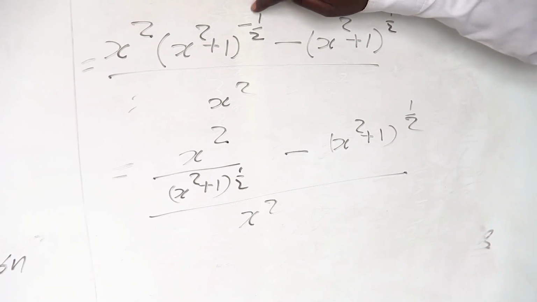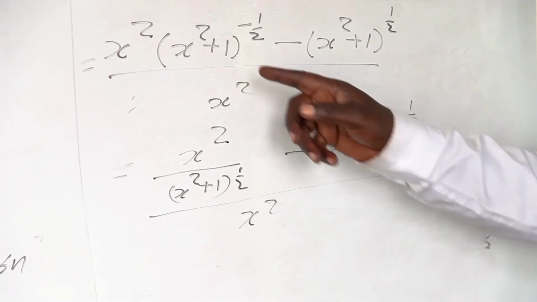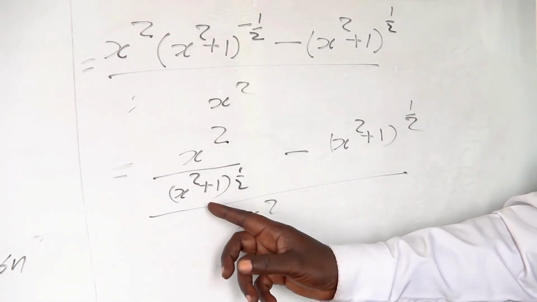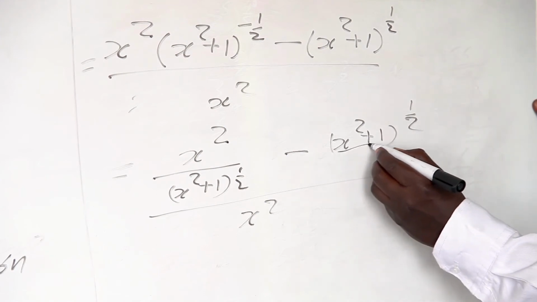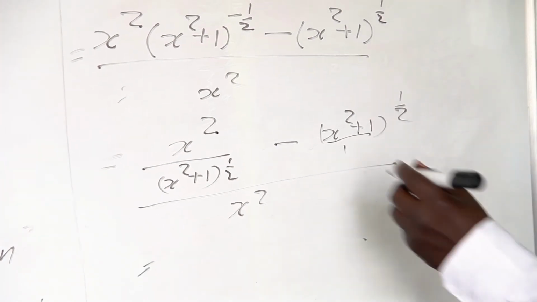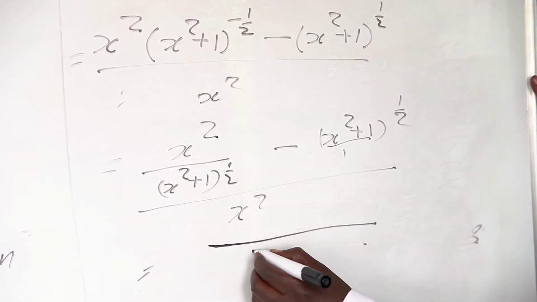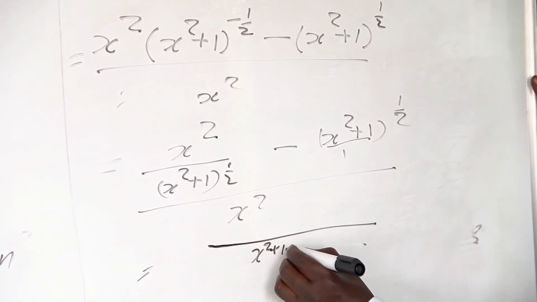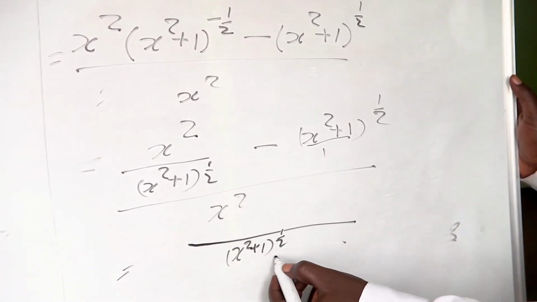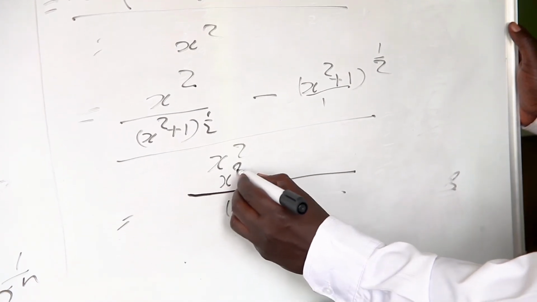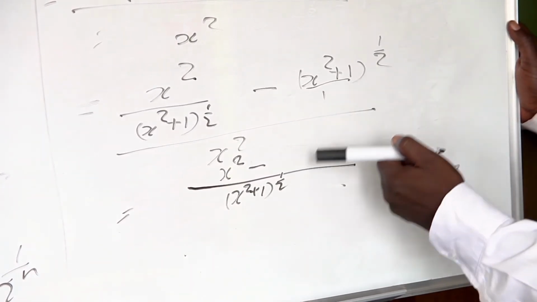This negative power means 1 over, so it becomes x squared over x squared plus 1 power half. But here it is now over 1. For the numerator, you draw a line. Take the LCM as x squared plus 1 raised to the power half. This goes into this, so it becomes x squared, then minus.